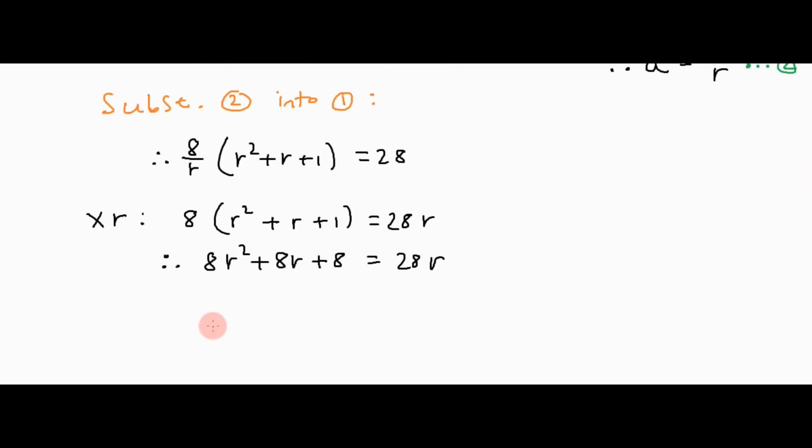Now we can bring everything to the left-hand side. So 8R minus 28R is minus 20R. And this equals 0. We can simplify this quadratic by dividing through by 4.